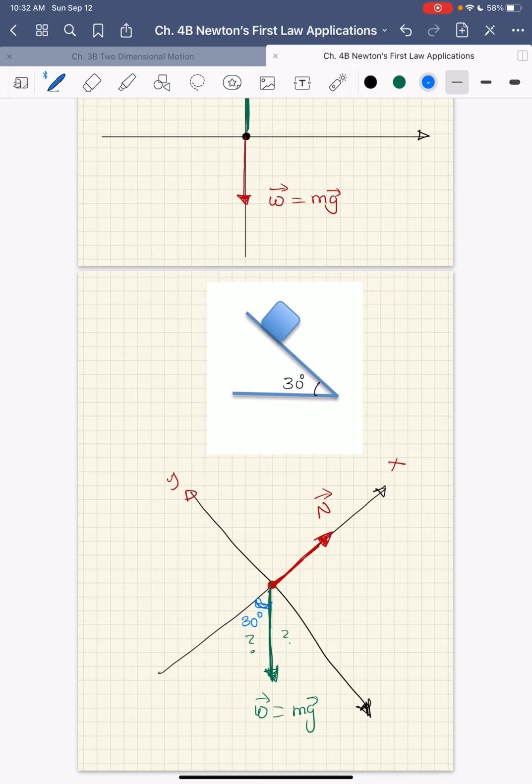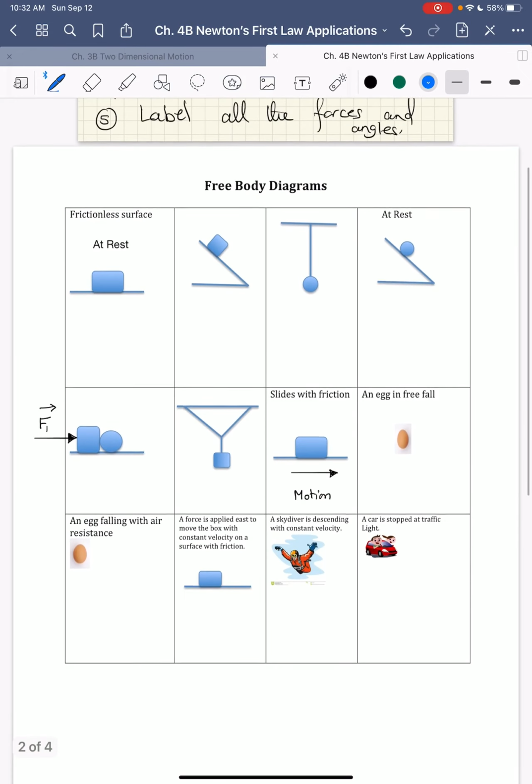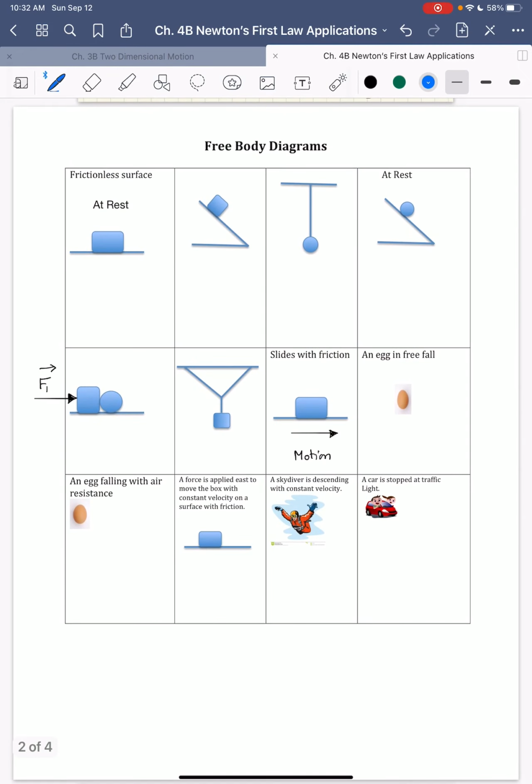Okay, now next, let me choose another one. I want to do this one here.